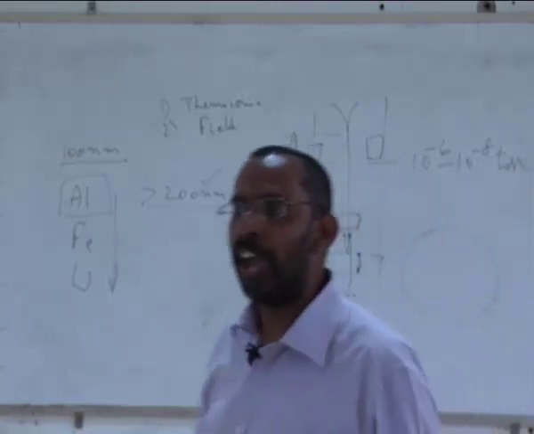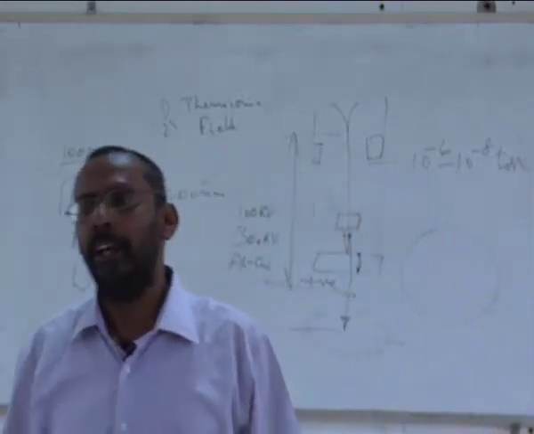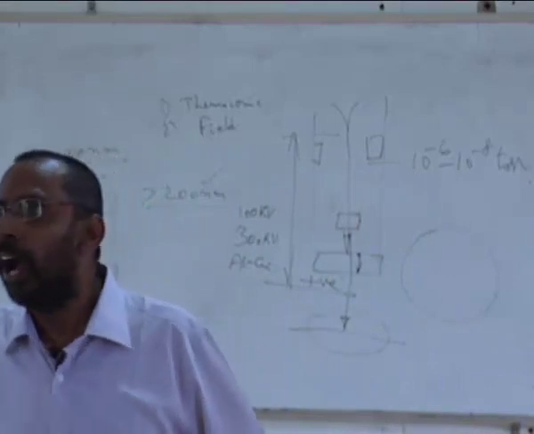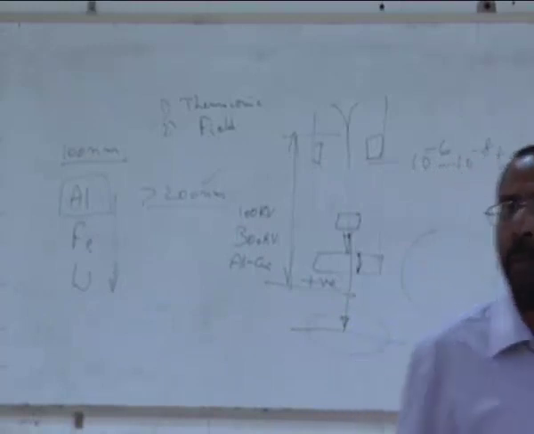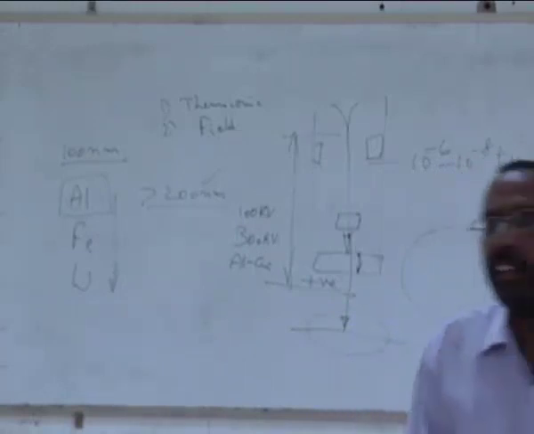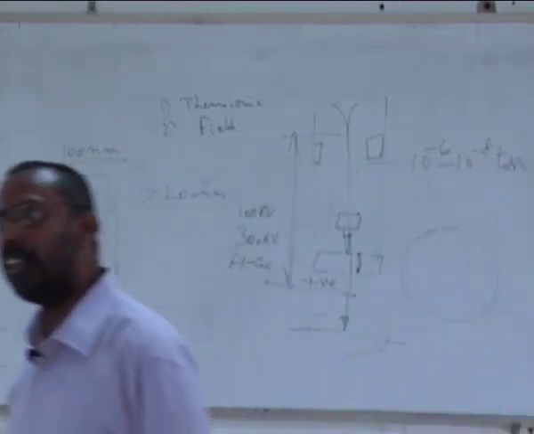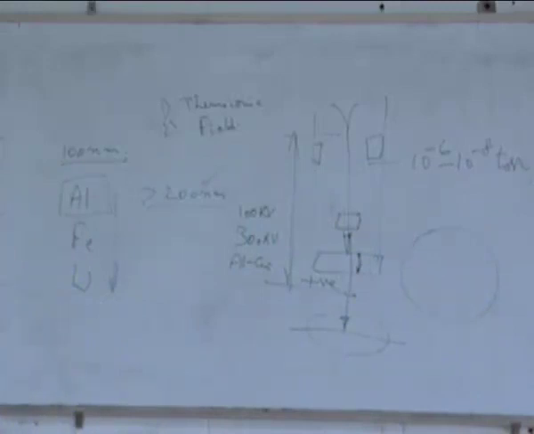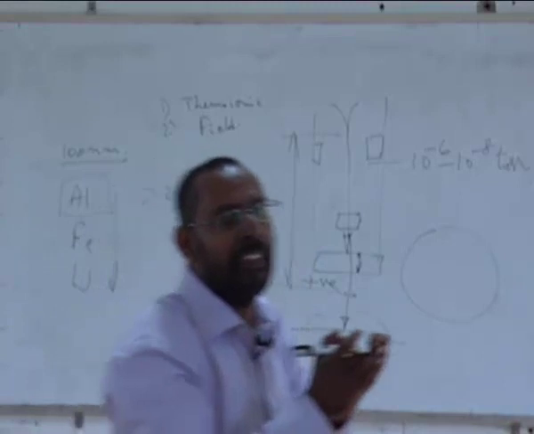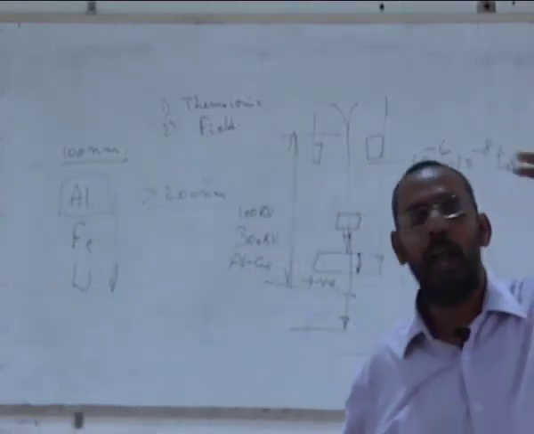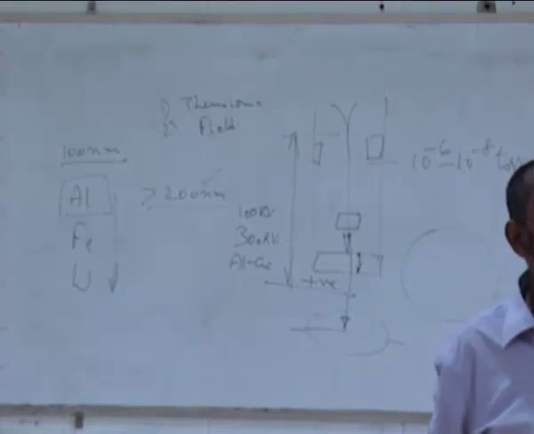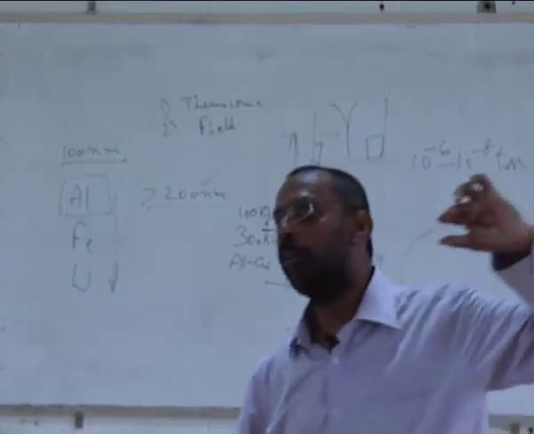Let's say I have pure iron at room temperature and it still shows paramagnetic behavior. That means I have not heated it above Tc, but it is as if I have heated it. By reducing the particle size, you will see that this Tc keeps coming down, and below a certain particle size, this Tc suddenly comes below room temperature.